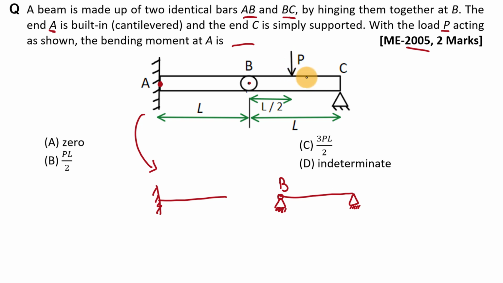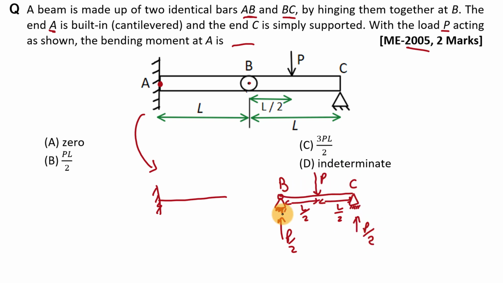Now we apply this point load P at midpoint of this BC beam, right? This distance is L by 2 and this distance is also L by 2. Now here this concentrated load P is acting at the midpoint, so reaction at point B and point C will be P by 2, right?